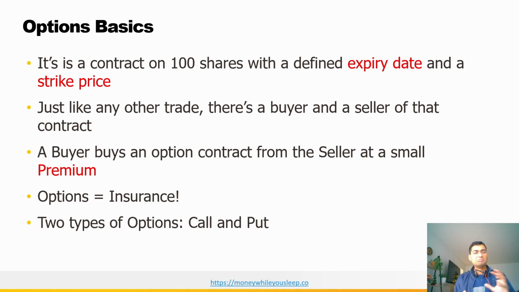So ultimately, they work in almost a similar way. If you understand how insurance works, you can easily understand options. And there are two types of options, call and put, and we'll try to cover them in detail one by one. So let's go to the next one, and hopefully it will be clearer to you. But for now, just have this thought that options work pretty much like insurance, and there is a seller and a buyer of that insurance contract.